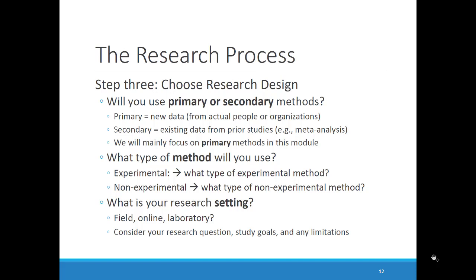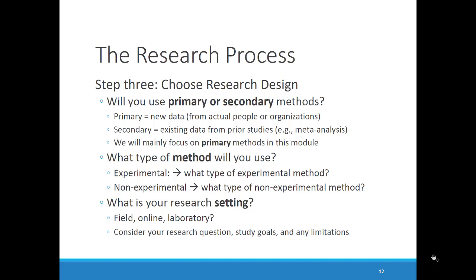Maybe we would conduct instead a secondary study, and we would just take the findings from all of those different studies and summarize them and create a study that summarizes those results. So we're going to focus mainly on primary methods in this module. So that's focusing again on collecting new data from actual people who are working or organizations.